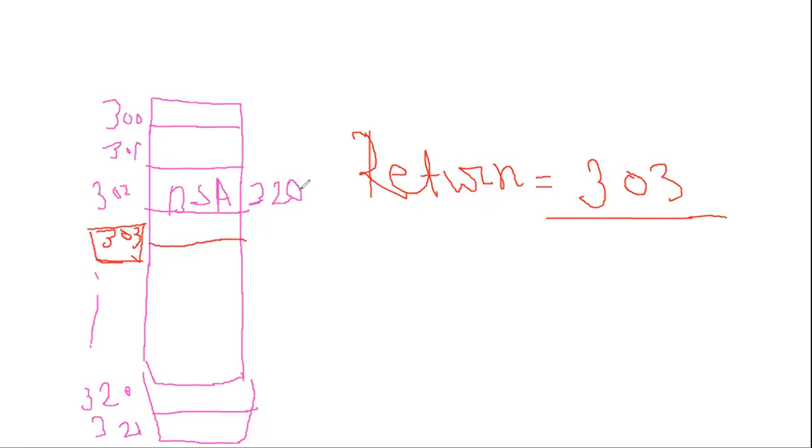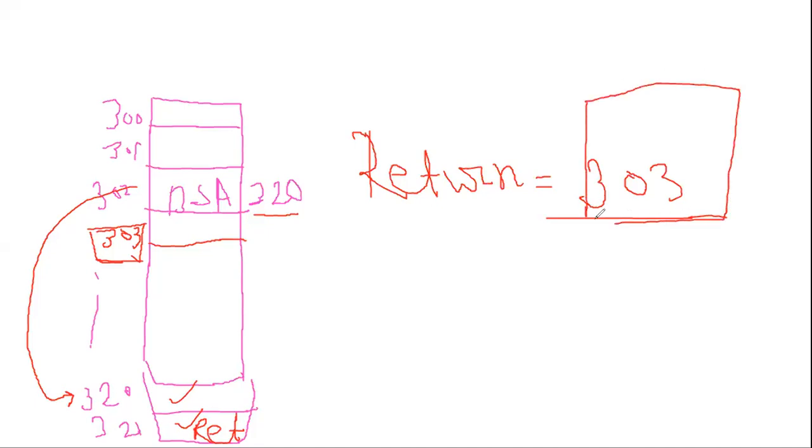So when BSA is there, what will happen internally? It will save this returning address in the stack somewhere. Okay, now what will you do? You come to 320, your control directly comes to 320. Now these two operations are performed. Now here there is a return or something like that operation. So when you get the return address, you go back to the returning address, and it will fetch that memory address.